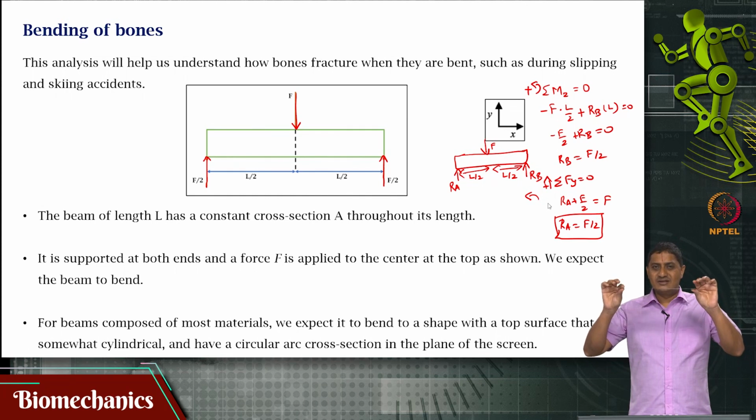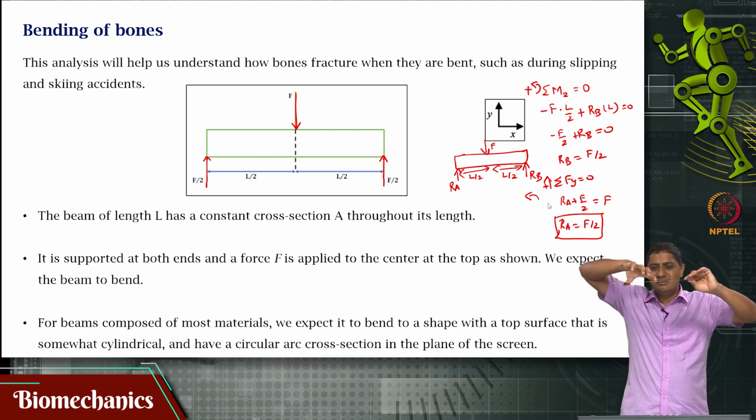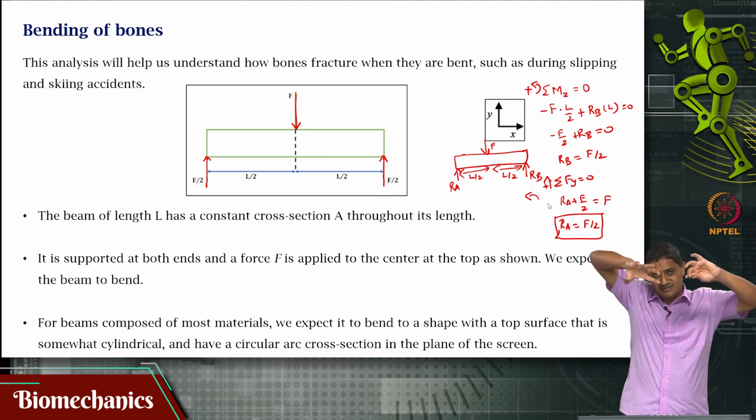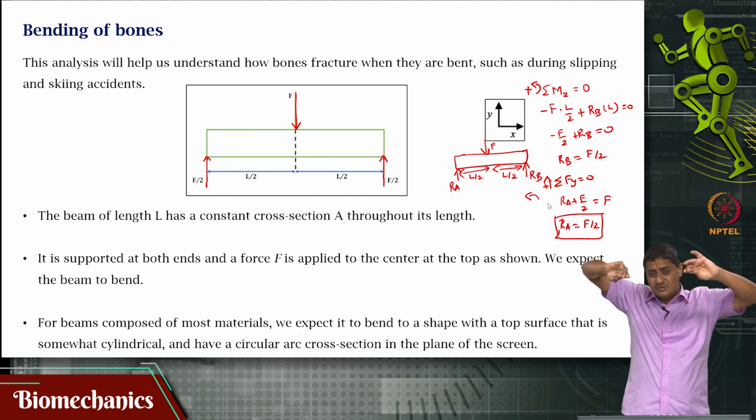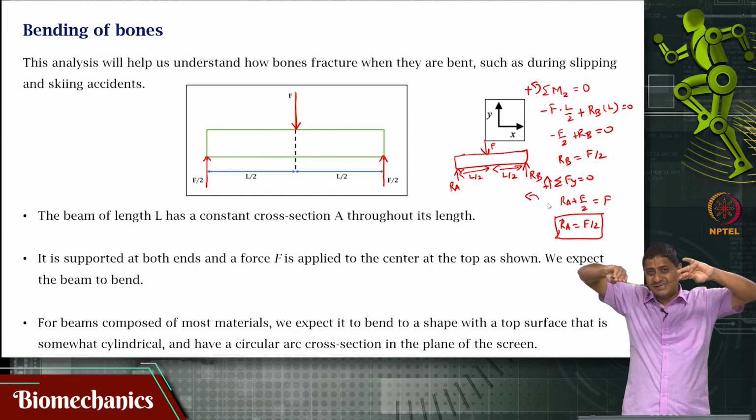Now, consider this ruler that I am going to use to illustrate this concept in a beam. Let us suppose that I am applying a force in the middle like this, at the center. In this case, this ruler is bending like this, or it is sagging like this.